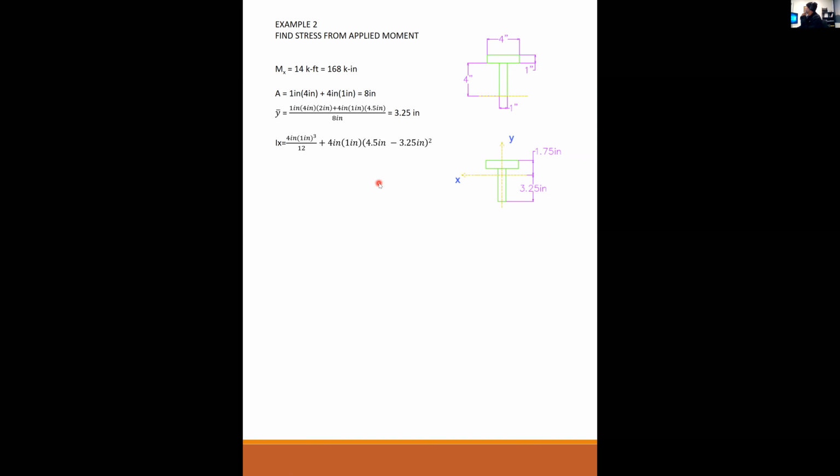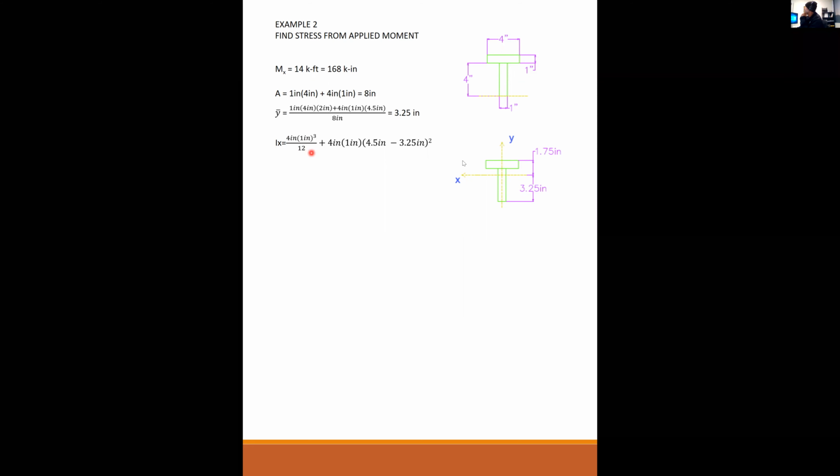Okay, so the next step is to find the moment of inertia. And the moment of inertia is going to be, I got 2 pieces. So each piece, you find the moment of inertia about its own centroid. So if this top piece is 4 inches wide by 1 inch high, then the moment of inertia about its own center of gravity is going to be 4 times 1³ over 12.